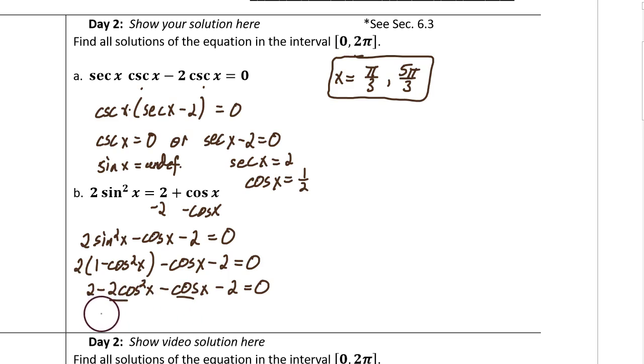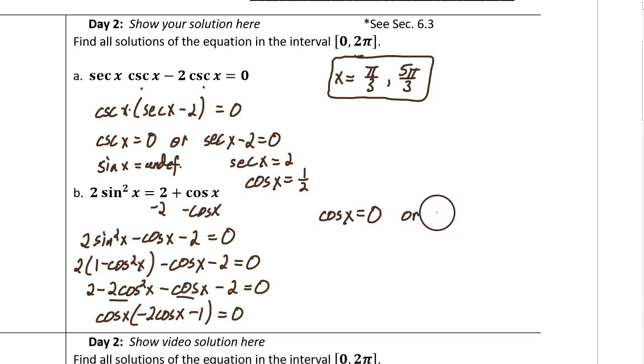So we can factor out the GCF. Now that we've created a product of two factors equal to 0, we can apply the zero product property. The first equation will be cosine of x is equal to 0, or the other equation would be negative 2 cosine x minus 1 equals 0.